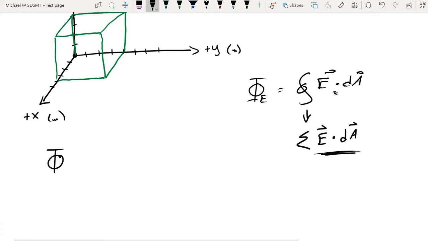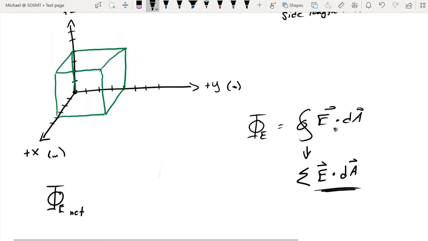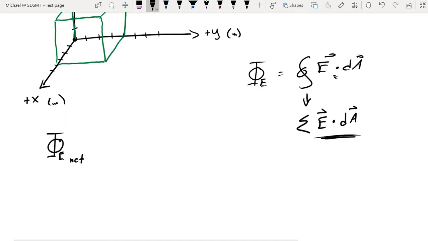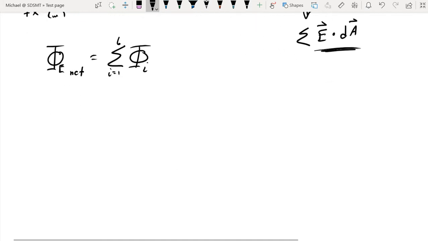So to get the net flux for this cube, I need to add up all of the individual flux values for the 6 faces of this cube.